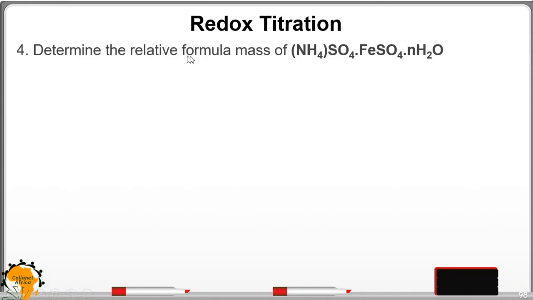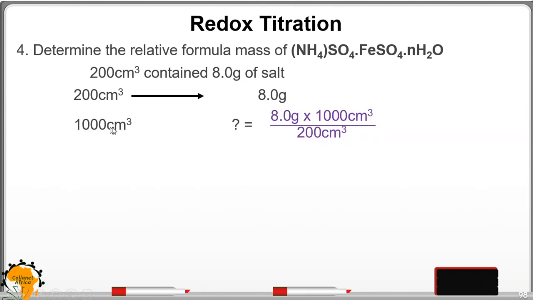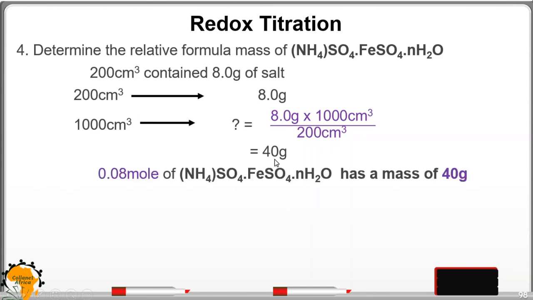Number 4, determine the relative formula mass of the salt. In 200 cm³ we have 8 grams of salt. So what about in 1,000? We get 40 grams. We calculated the molarity and found that it was 0.08 M, and it has a mass of 40 grams.